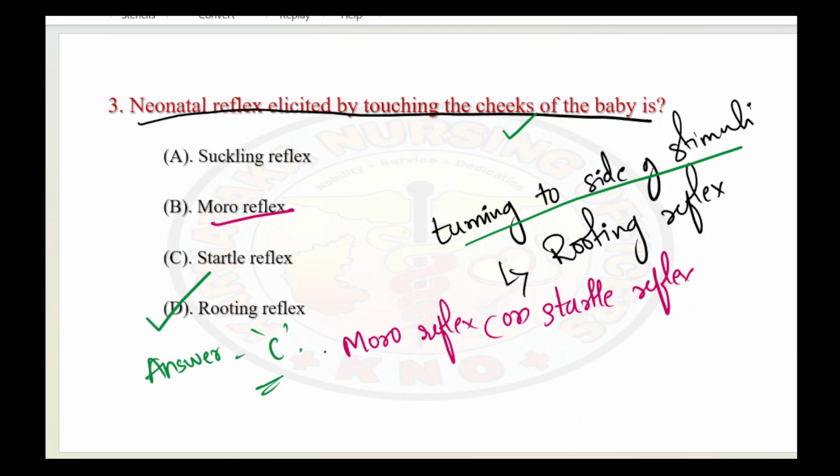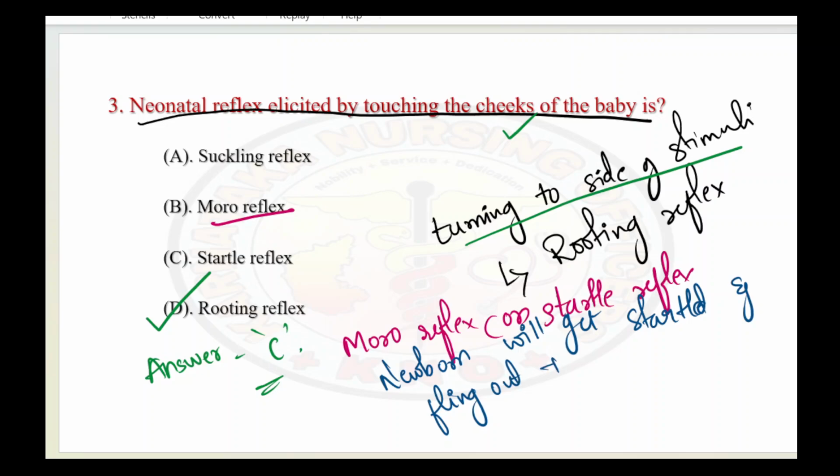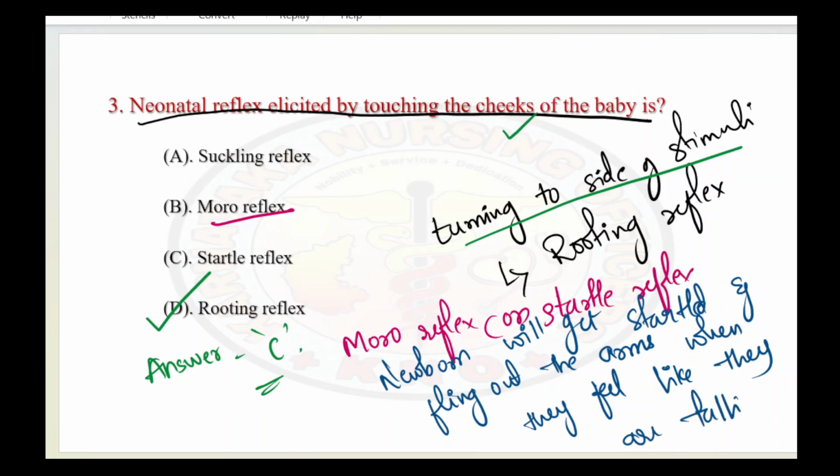In this reflex, a newborn will get startled and fling out the arms when they feel like they are falling.